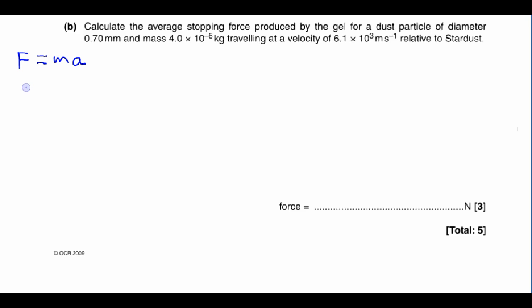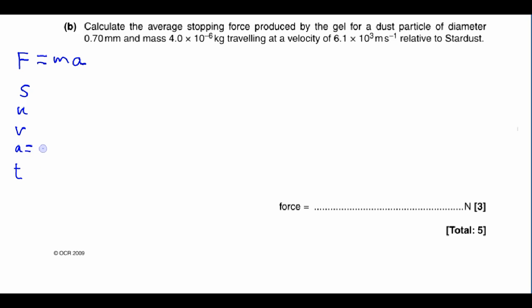We can use one of the SUVAT equations to find the acceleration. Let's remember that these are the displacement, initial velocity, final velocity, acceleration, and the time taken for an object which is experiencing constant acceleration.